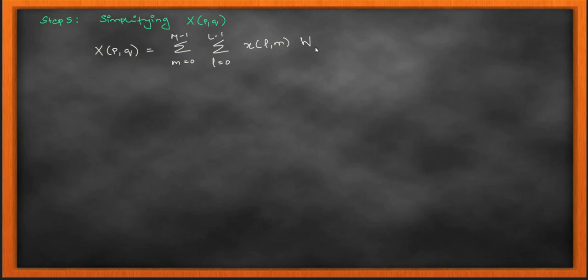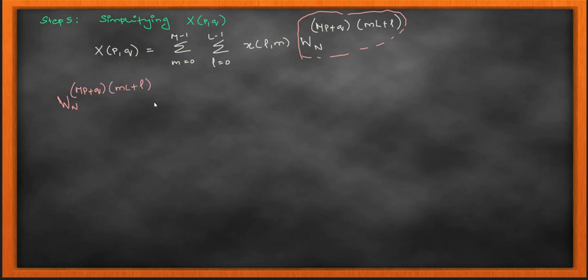So here also I'm having Wn to the power of mp plus q plus nl plus l. So I'm having a big term which is associated with my complex exponential, that is my w. I am going to simplify this, and this simplification means I'm going to first expand this and see what all terms can be grouped, some of the terms will definitely become 1, and what remains. So we'll just see what all things we can do with this.